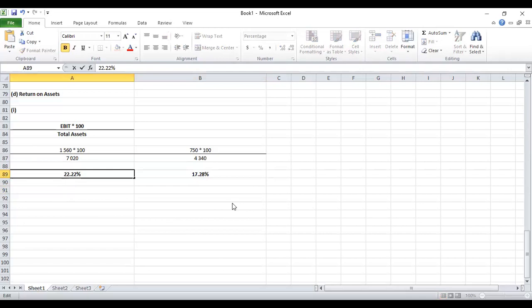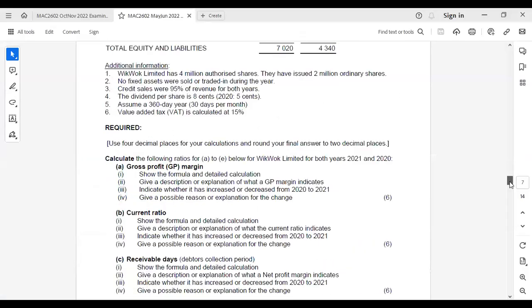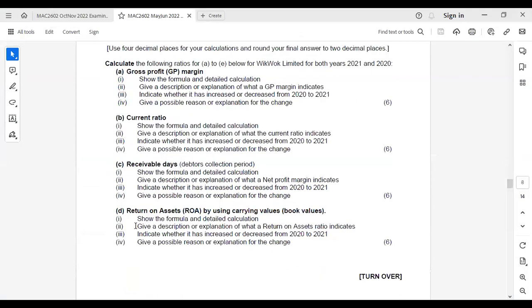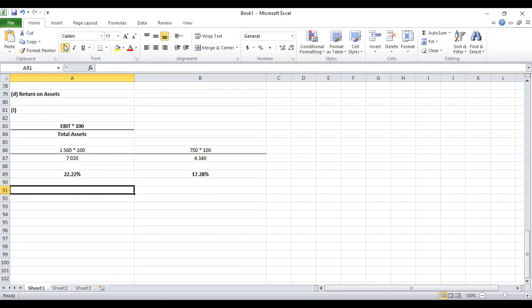The next part, it says a brief description of what this ratio indicates. Right.